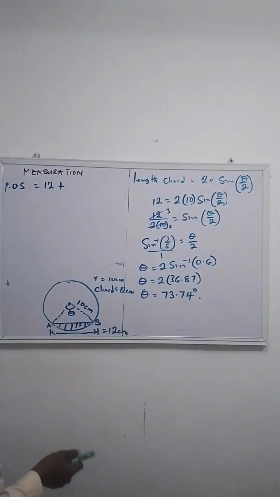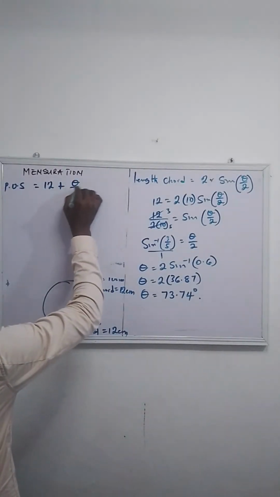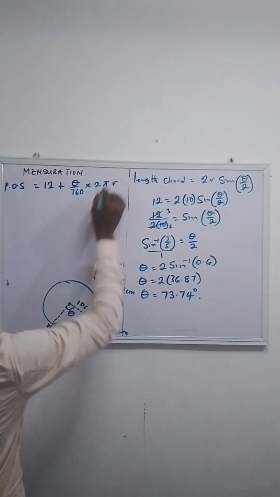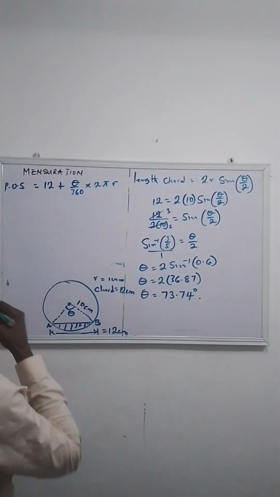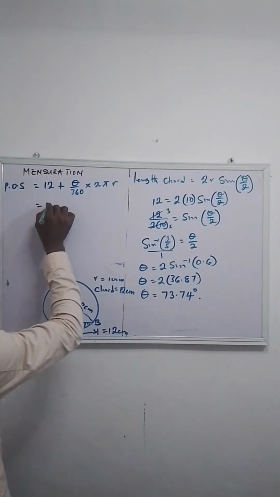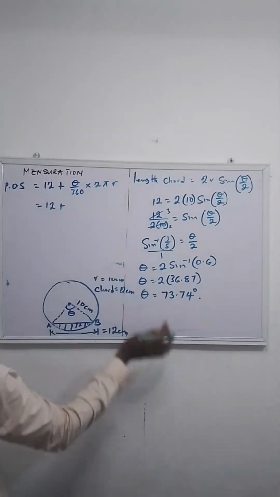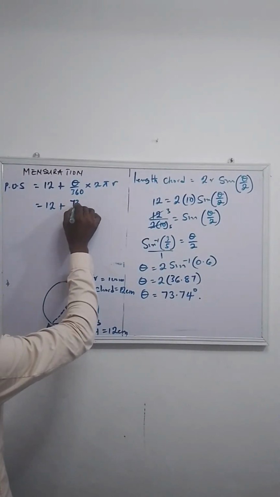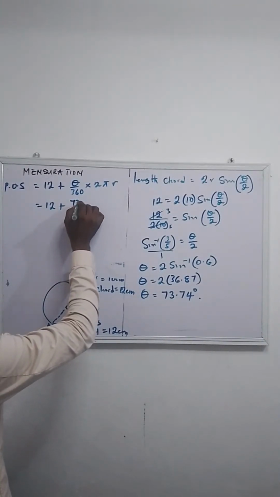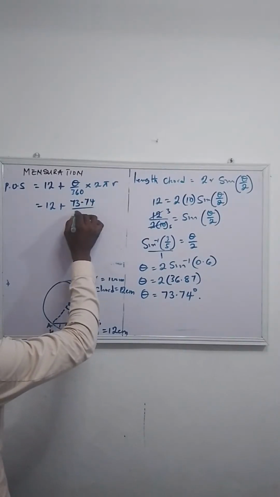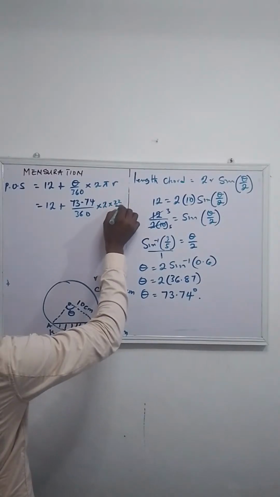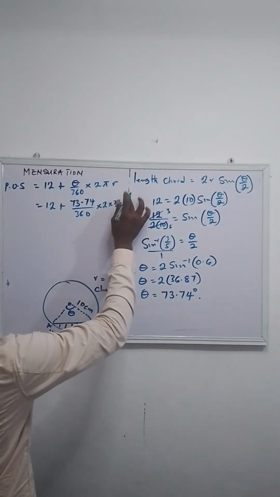Plus length of arc, that one is theta over 360 times 2 pi r. So this is what I need to work on now. So I have 12 plus, now theta has been gotten earlier, so we have 73.74 over 360 times 2 times 22 over 7 times 10.